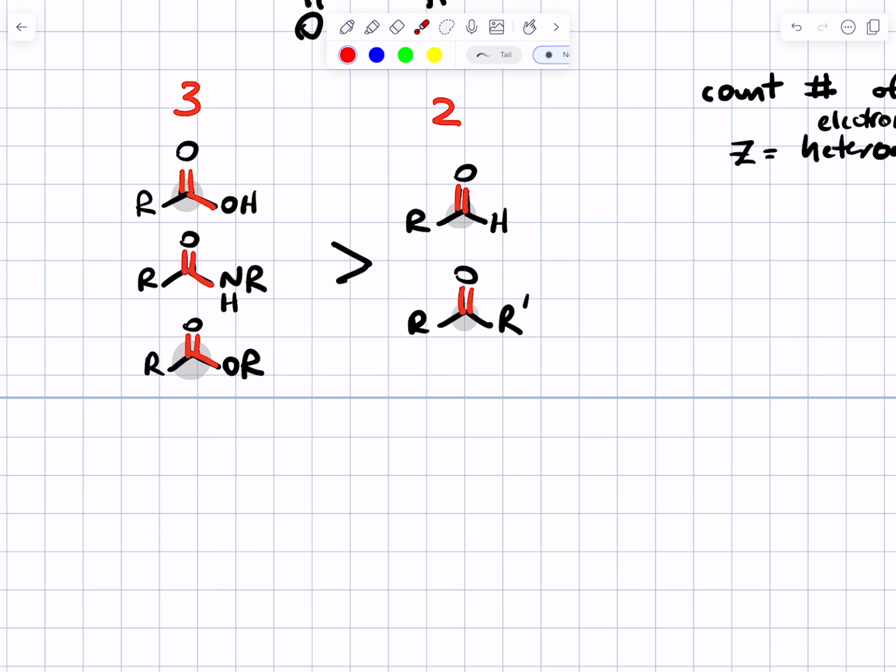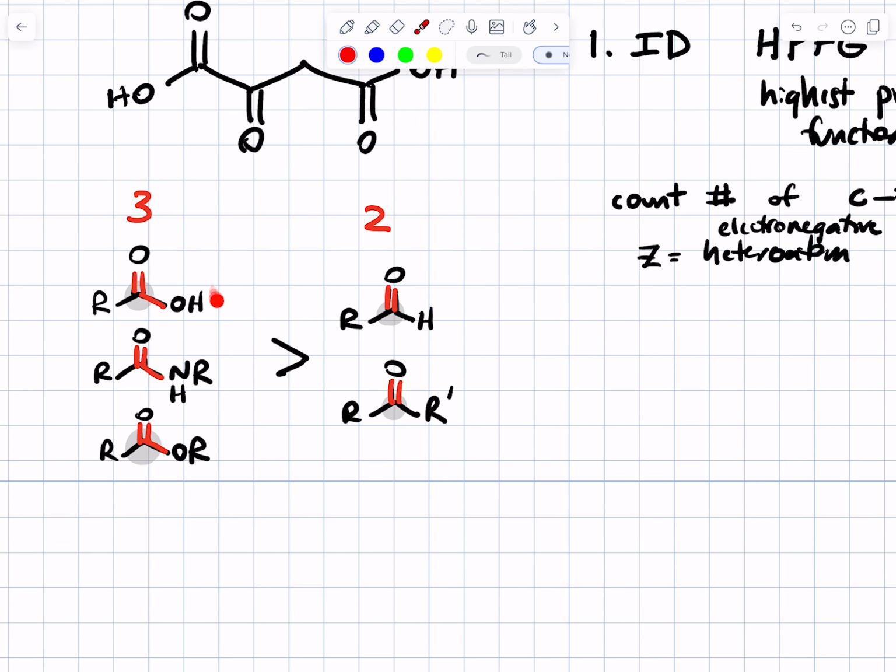Now you may wonder, among these, which is highest priority? And the answer is there is a rule for that, but I'm not going to give you a question where you'll have to decide, is it that carboxylic acid or the amide? Because frankly, I don't even know off the top of my head, nor do I care. And I'm not going to ask you to do stuff that I don't care about.